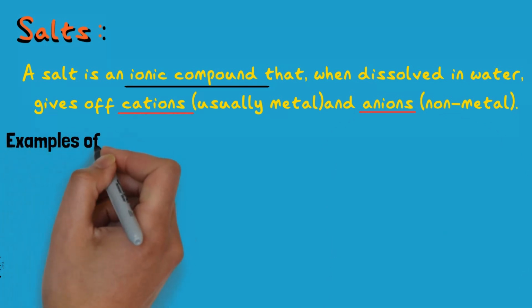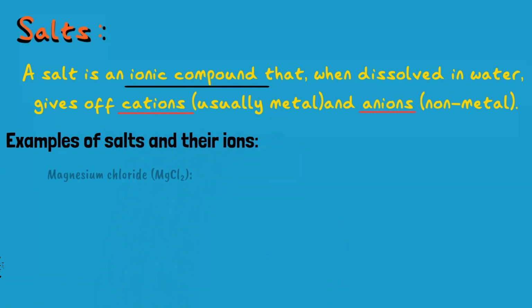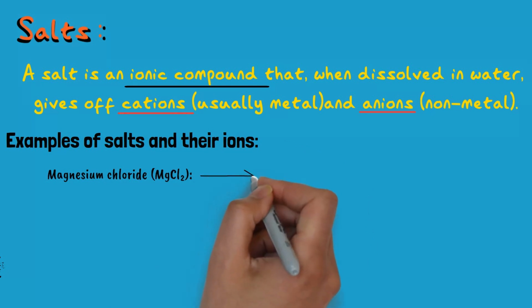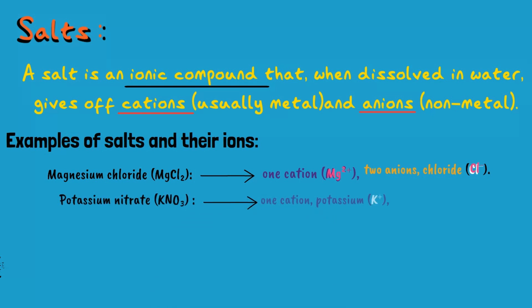Now, let us look at some examples of salts and their ions. Magnesium chloride. It has one cation, magnesium Mg2+, and two anions, that is chloride Cl-. Potassium nitrate, KNO3. It has one cation, potassium K+, and one anion, that is nitrate NO3-.